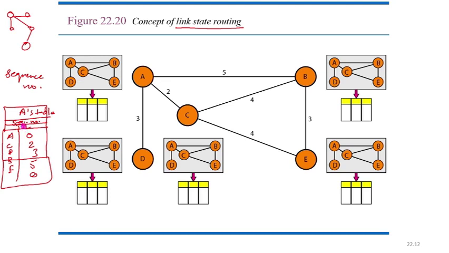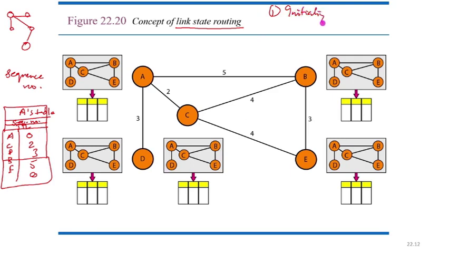These are the two more pieces of information added to the link state routing table basically.